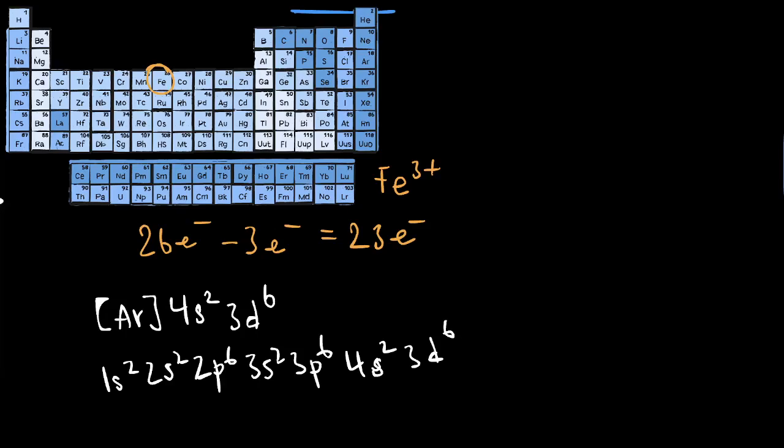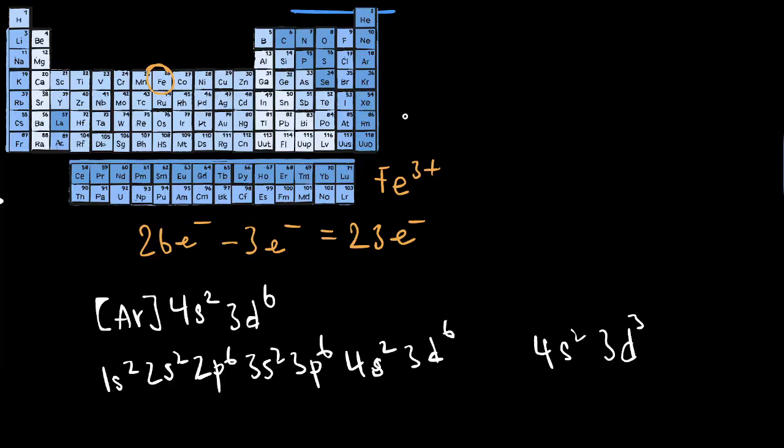And so where do these 3 electrons come from? Well, we have to start by removing the electrons from the higher energy and then downwards. So we would not remove the 3 electrons from the 3d sublevel. Rather, though we write the 3d after, the 4s sublevel is actually that of higher energy.